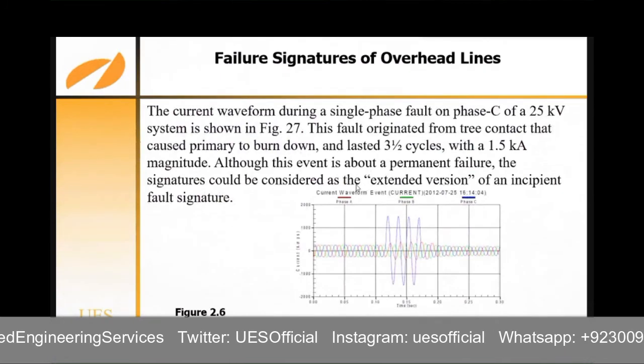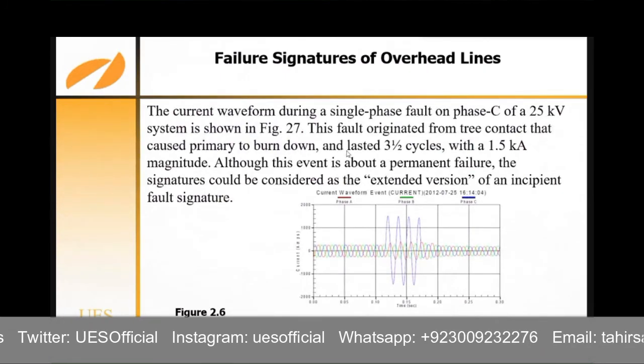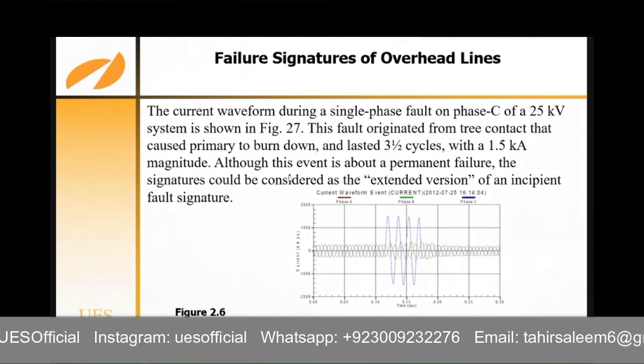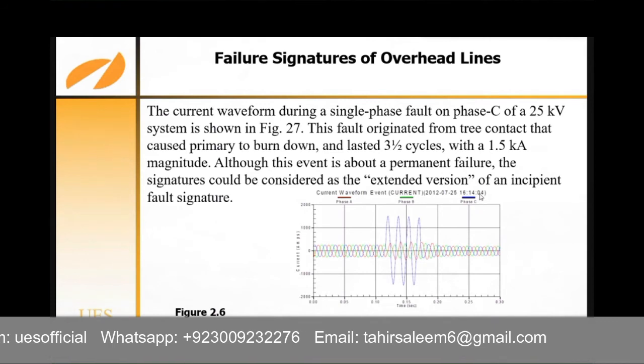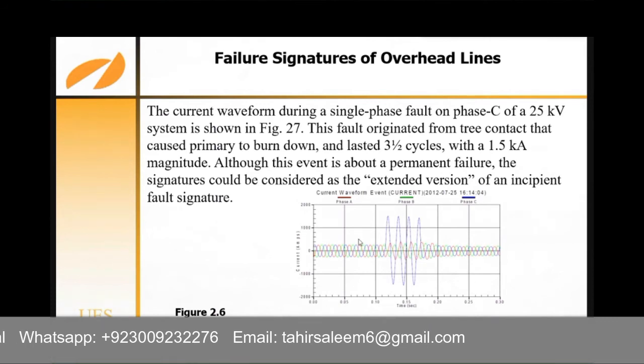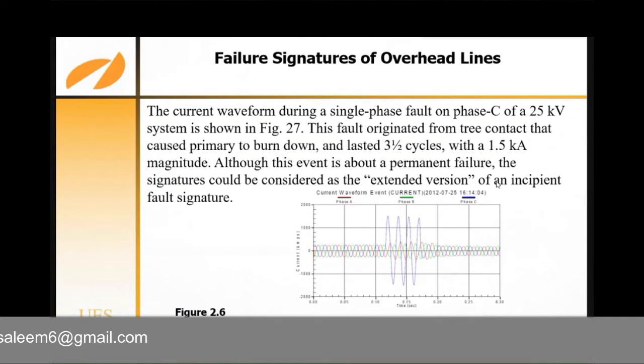Now the current waveform during a single phase fault on phase C of a 25 kilowatt system is shown in 2.7. This tree contact caused the primary to burn down. This is phase C, and although this event is about a permanent failure, the signature can be considered an extended version of an incipient fault signature.